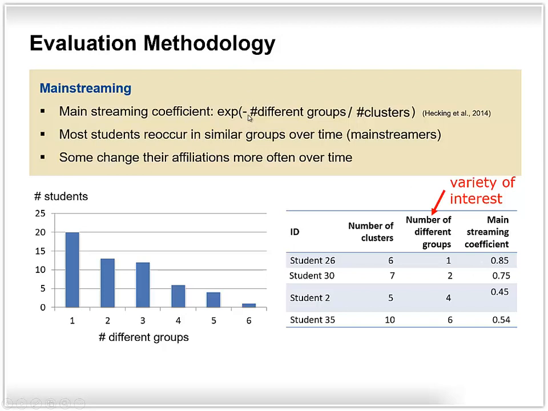By taking the negative and then the exponential function, we get normalized values of this type. Here, for instance, we have student 2. This student is associated to 5 clusters, very similar to student 26, but appears in 4 different groups. So this student shows much less of a mainstreaming behavior than student number 26.